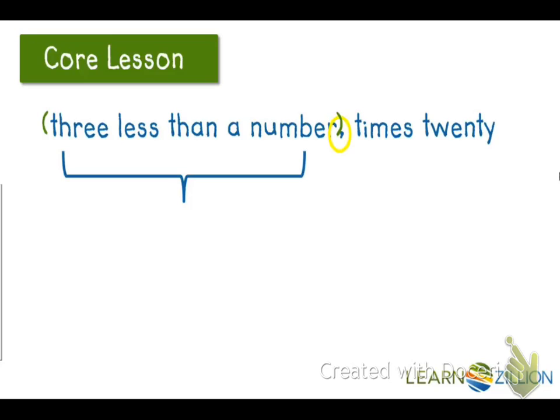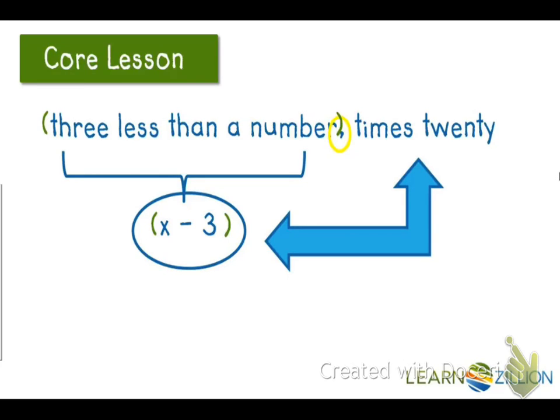So if I want to write 3 less than a number in algebraic notation, I'm going to write x minus 3 because it's less than a number. All right, and when I do that, I know I'm going to need to enclose that in parentheses. Now I'm going to take this whole expression, parentheses, x minus 3, parentheses, and multiply that times 20.